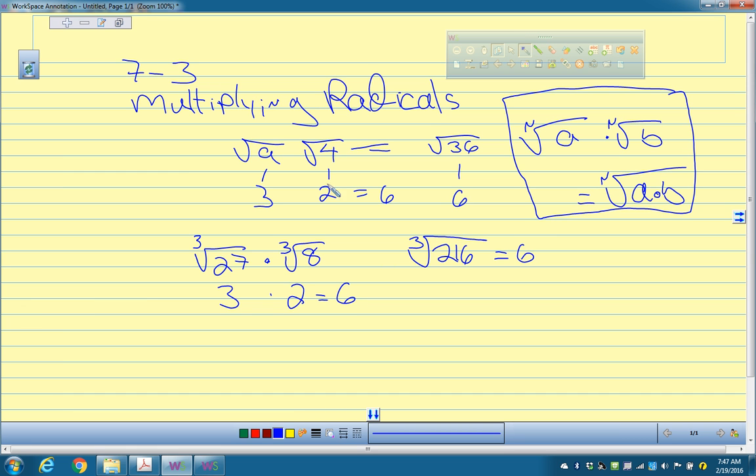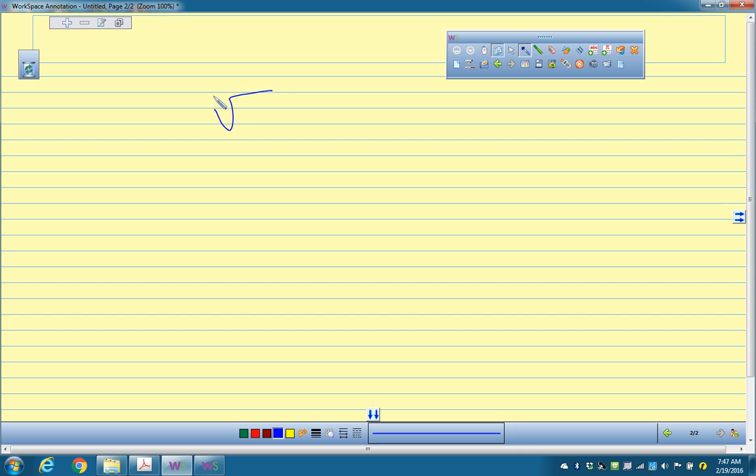So what if I had something like this? What if I had the cube root of 2x times the cube root of 4x squared? Ooh, this is a good one.